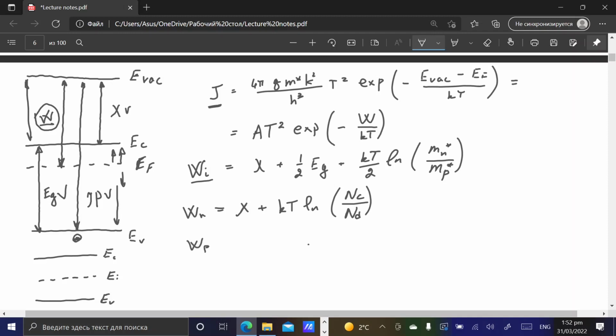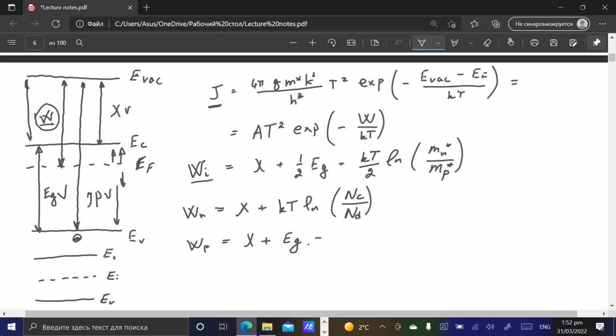Similarly we can write for a p-type semiconductor. That will be the affinity of electron plus EG, the band gap, and minus the depth of the position of the Fermi energy level with respect to the top of the valence band.